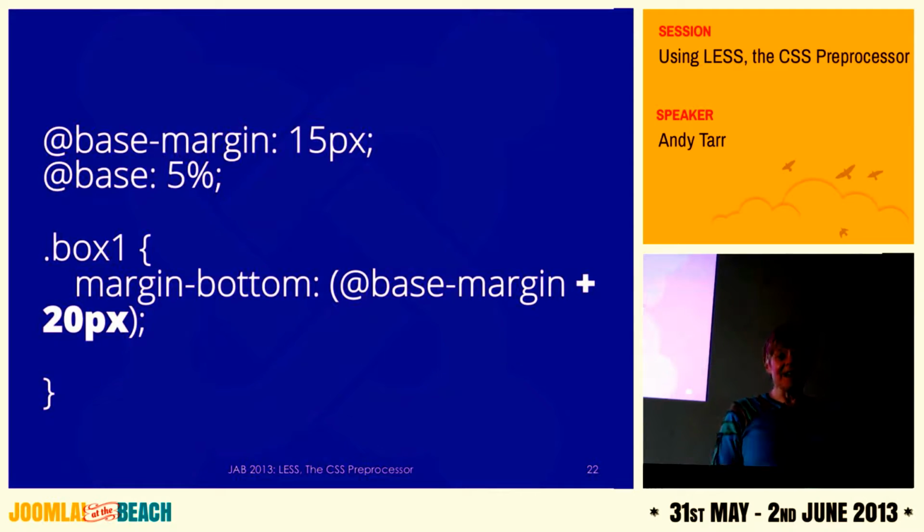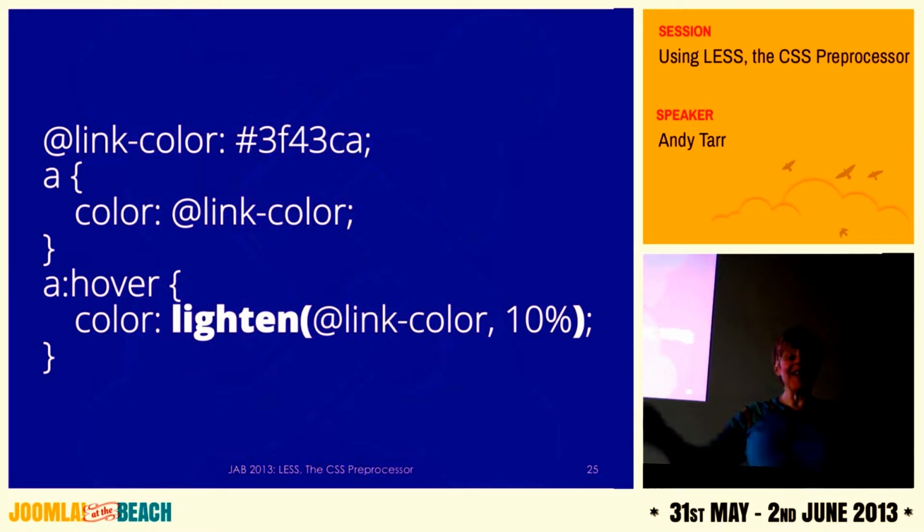In fact, we have functions that are built in that do some of these things for you already. Here's your link color. This looks familiar, doesn't it? Look at that. Let's just lighten the link color by 10%.